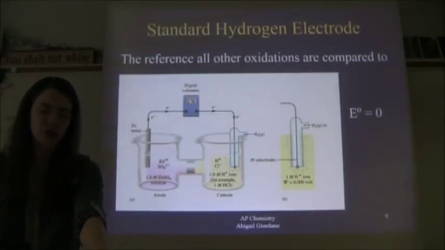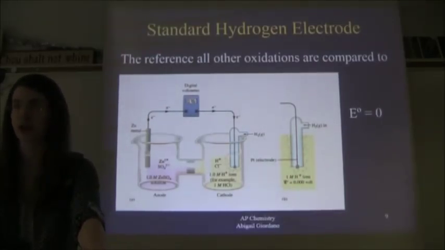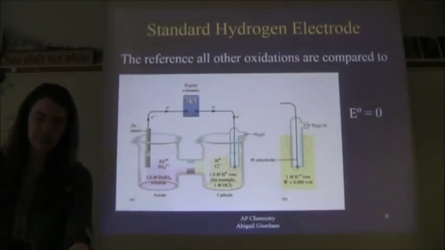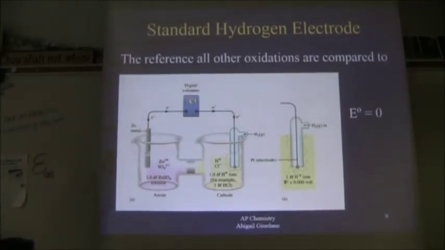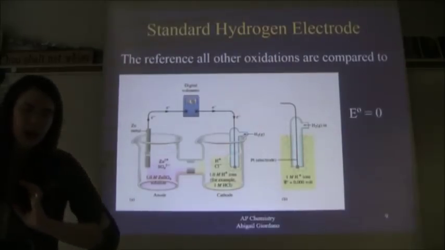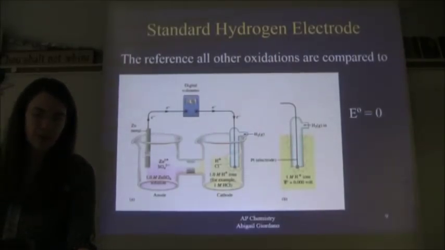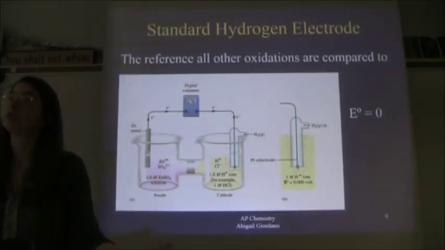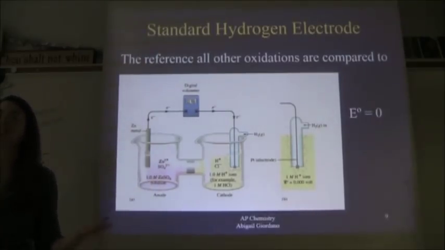It says Standard Reduction Potentials. If you scan your eyes down this chart, they're half reactions. And do you notice that electrons in this entire chart, they're always on the reactant side? Do you notice that? Okay. Well, they should be. They're all written as reductions.